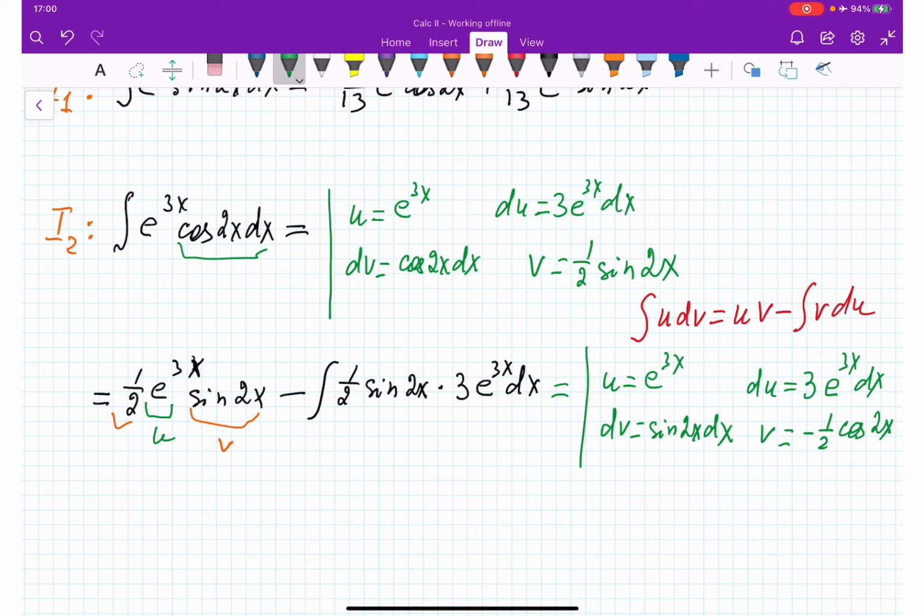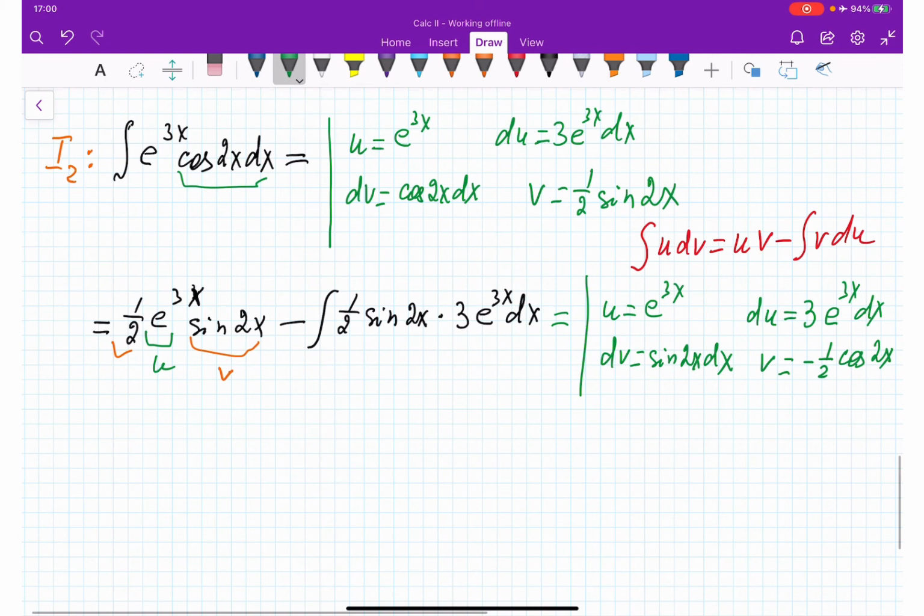Okay, so this is going to be equal 1/2 e to power 3x sine 2x minus, it's going to be 3/2.